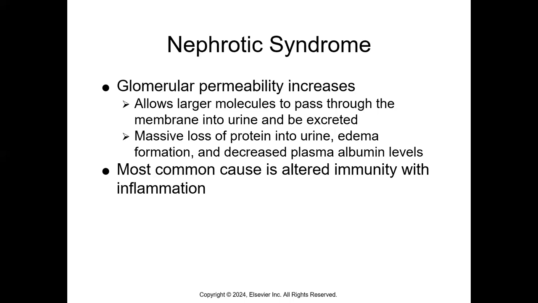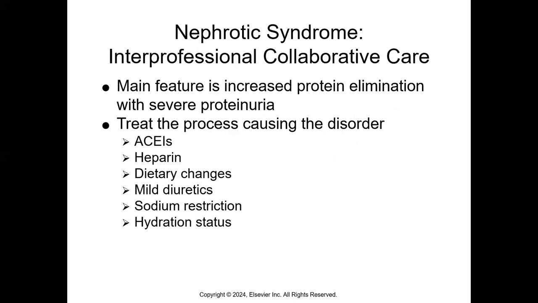So therefore, this causes a massive protein loss and you have a drop in your albumin levels. Your liver can also become involved with this as well and try to compensate. The way it tries to compensate is by increasing lipids, which causes a variety of other negative effects as well.